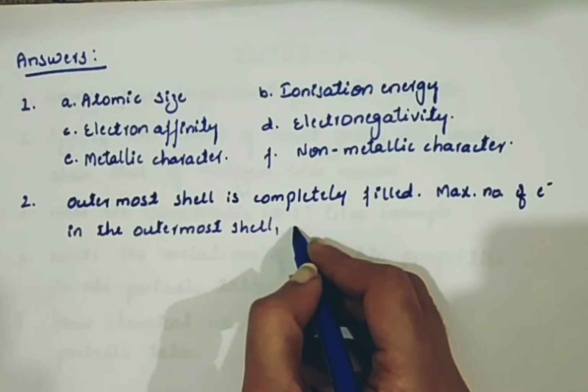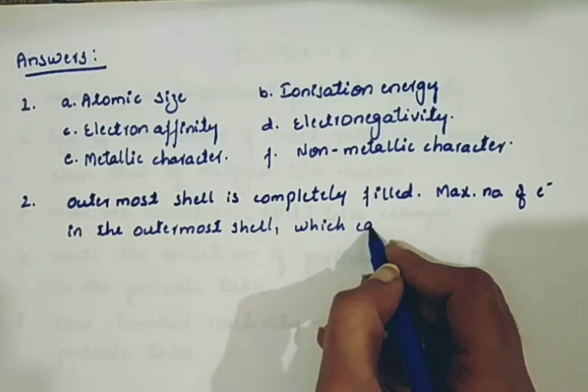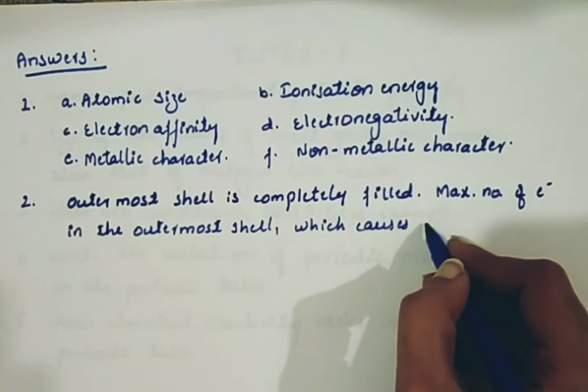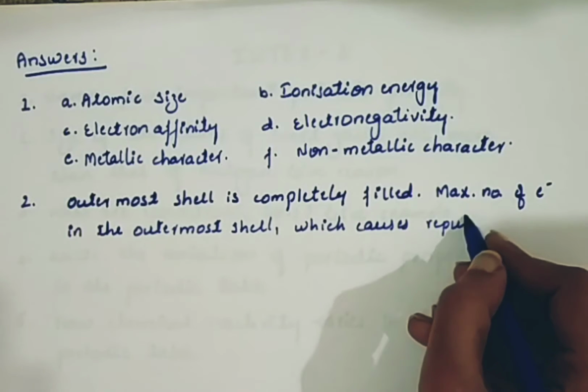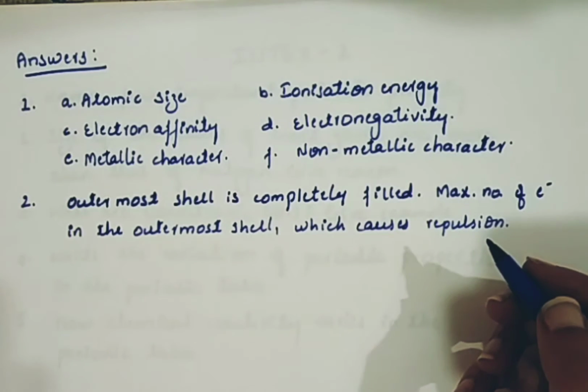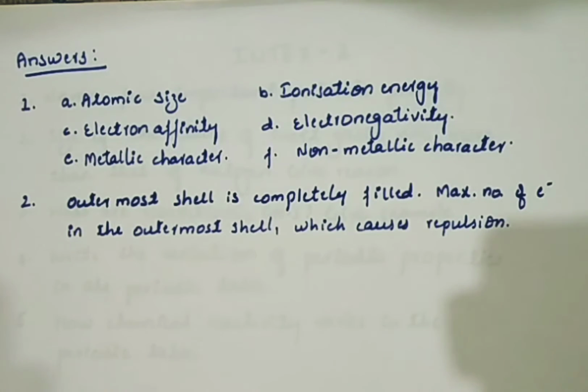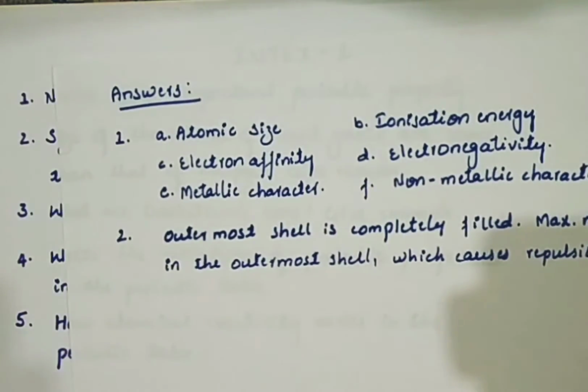So that is the main reason inert gases have a larger atomic size compared to halogens. This point you should remember.